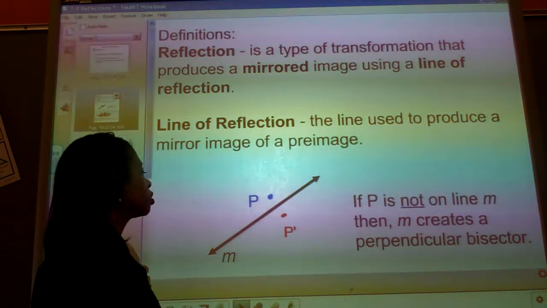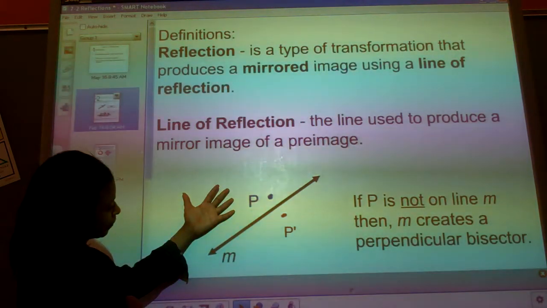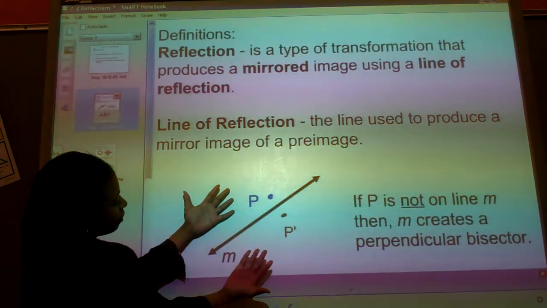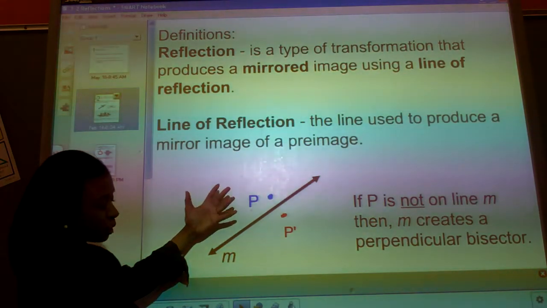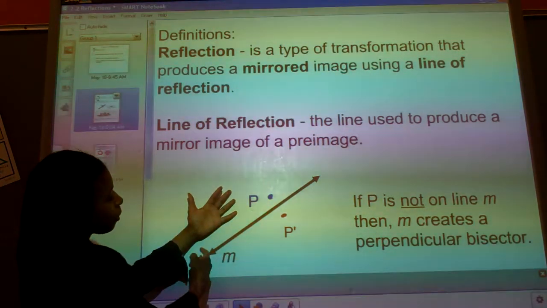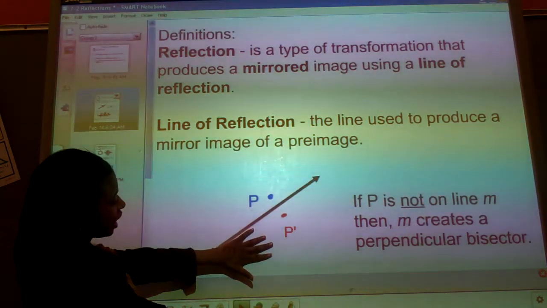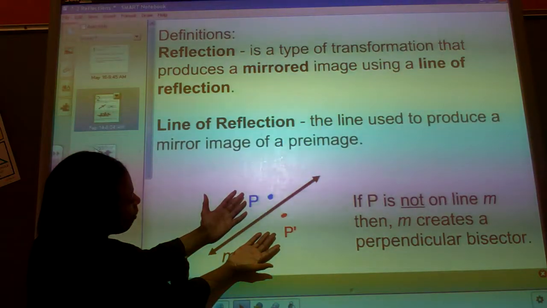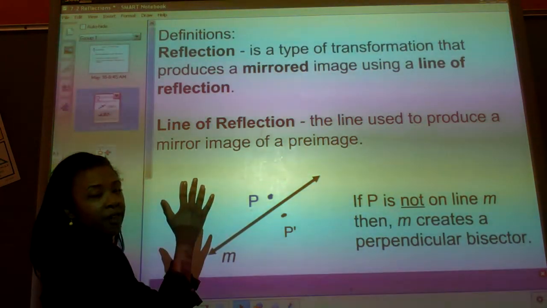A line of reflection means, let's say I have a hand up here above line M, and if I want to make an image of this pre-image, my first hand, if I'm reflecting over line M, if I were to fold it downward, that means every point will have a twin.